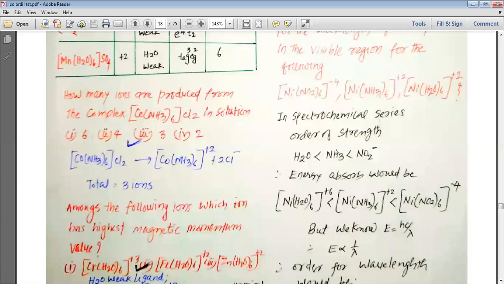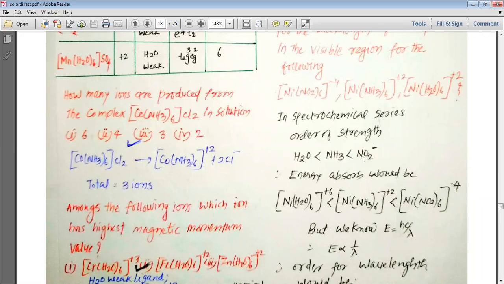The reason is, when you have nitrogen, oxygen, or fluorine as a donor atom, they are considered to be more strong. Nitrogen, oxygen, and carbon are considered to be more strong. Fluorine makes it weaker. Here you can see that both nitrogen and oxygen are present in NO2-.